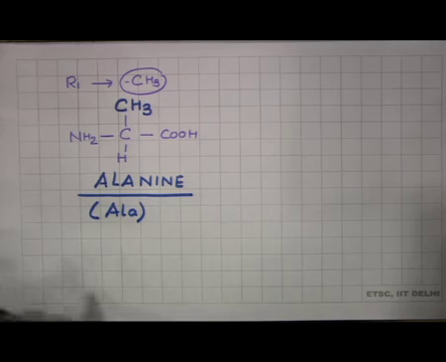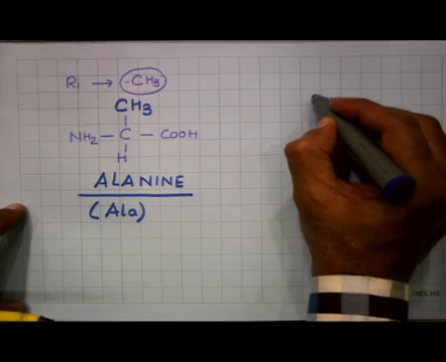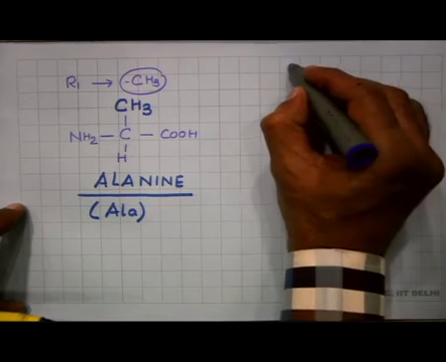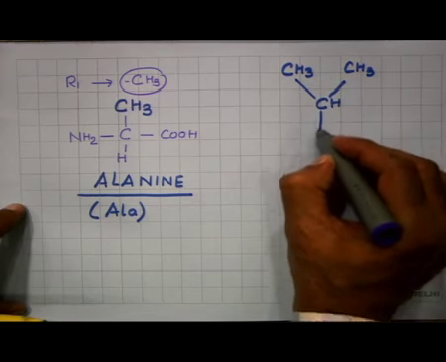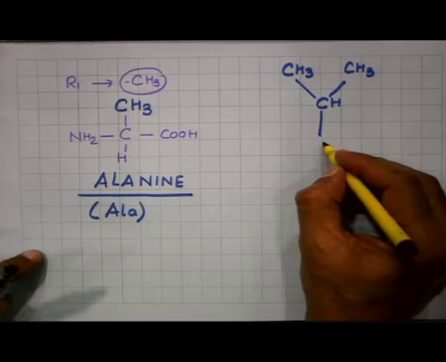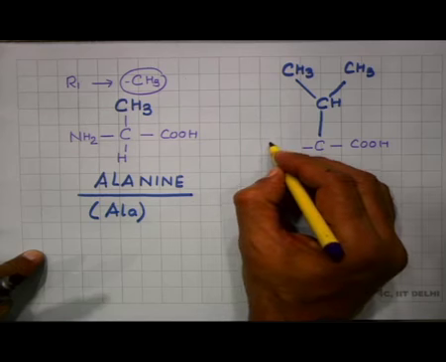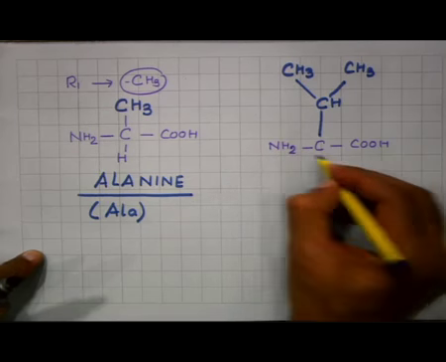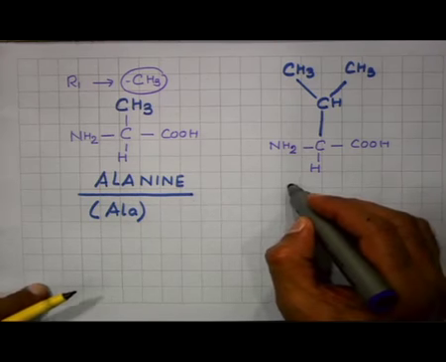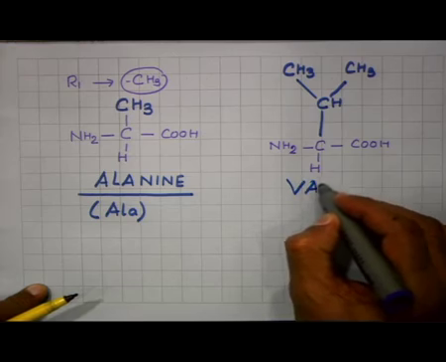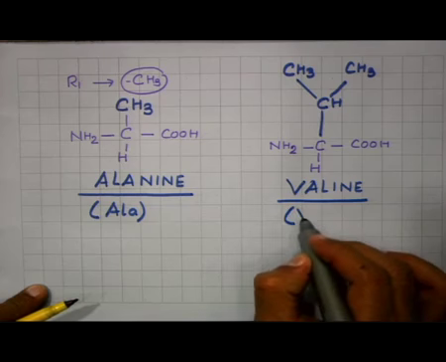If R1 is substituted by CH, methyl group here, methyl group here. Now, the basic skeleton is this COOH, here is NH2, here is H. This is the structure of amino acid called valine, its abbreviation is VAL.